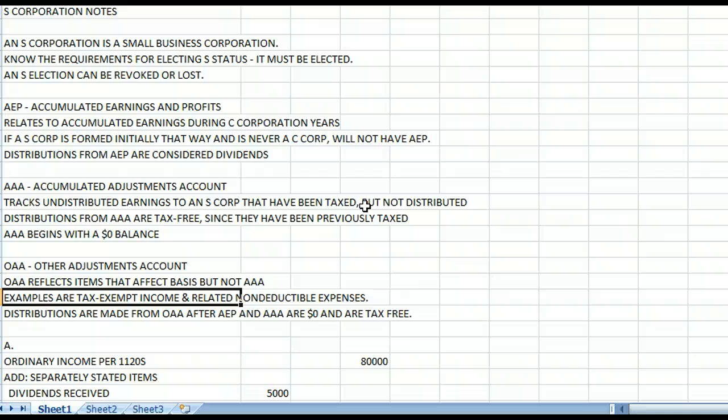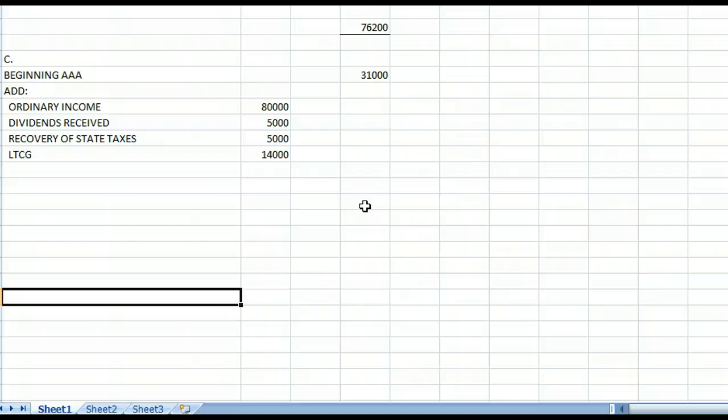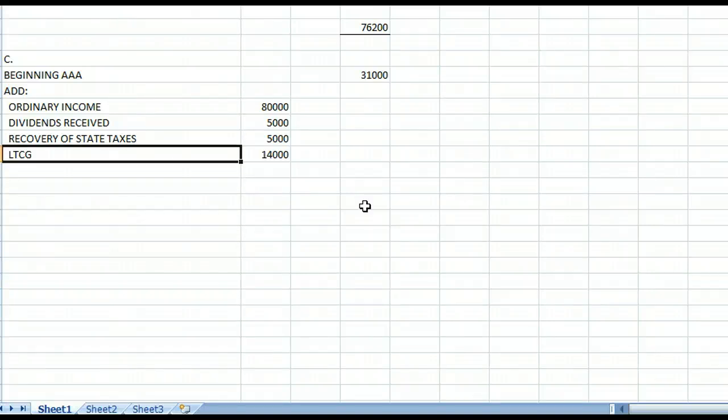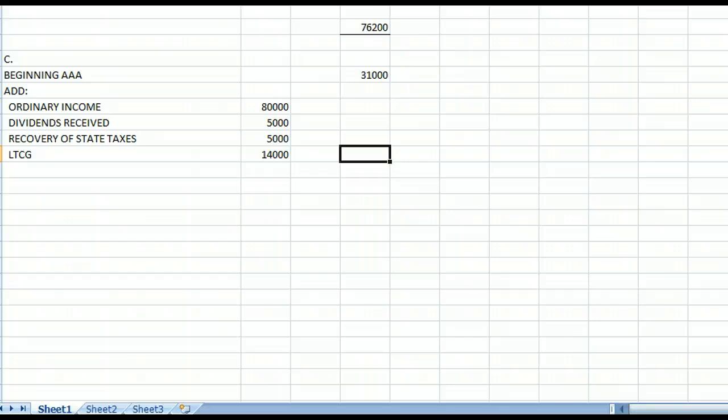So you don't use it in AAA, you accumulate that in your other adjustments account. So that's not going to be part of the formula with what we use here. Okay. And so if we want to come over here and do our auto sum, sum these. Okay, and right now that's going to give me my additions.